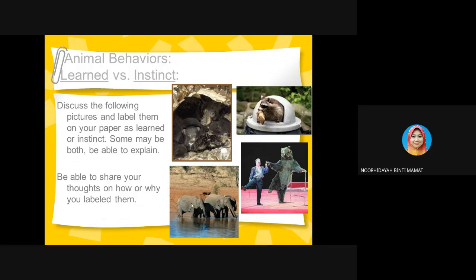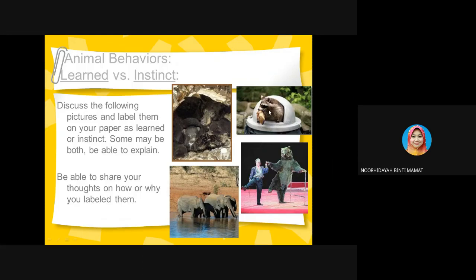But they also learn how to drink and smell out the direction of the water. So that is the learned behavior. So each behavior itself may contain both instinct and learned behavior.